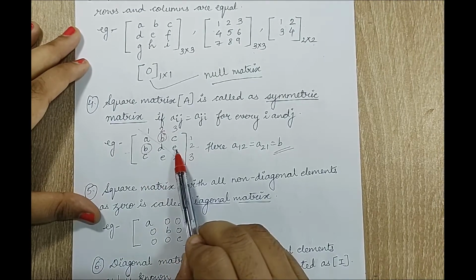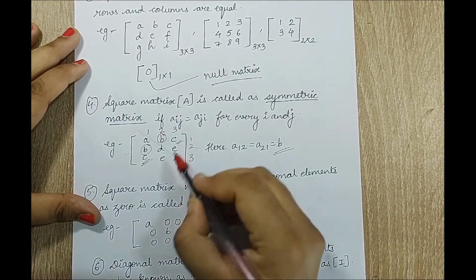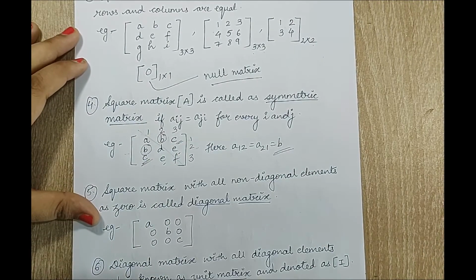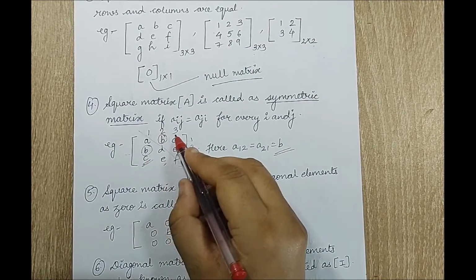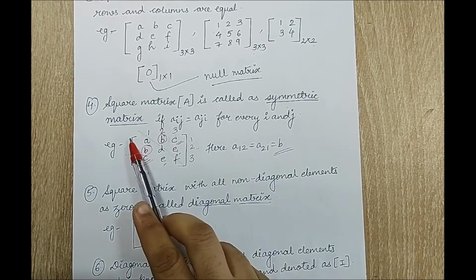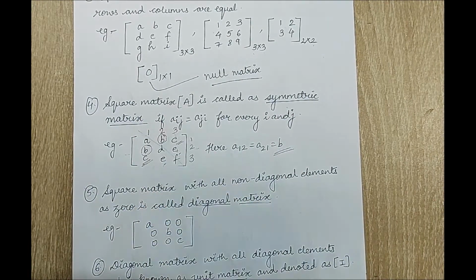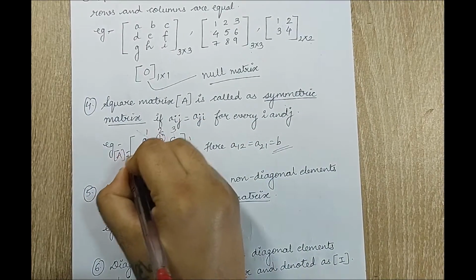A32 and A23 have the same value. So you can see b, c and e are forming elements such that they are symmetric above and below the diagonal. So this kind of matrix will be called a symmetric matrix, and obviously it has to be a square matrix. So this is that matrix A. So just label it A.